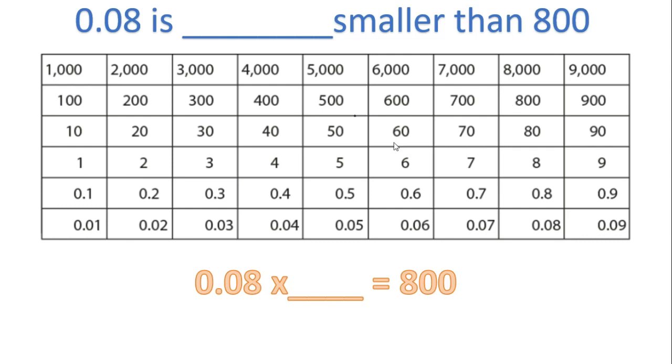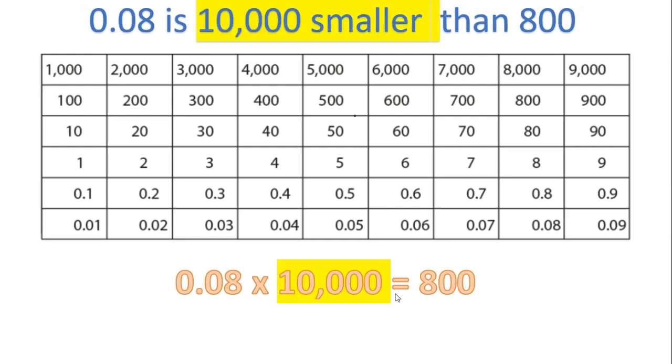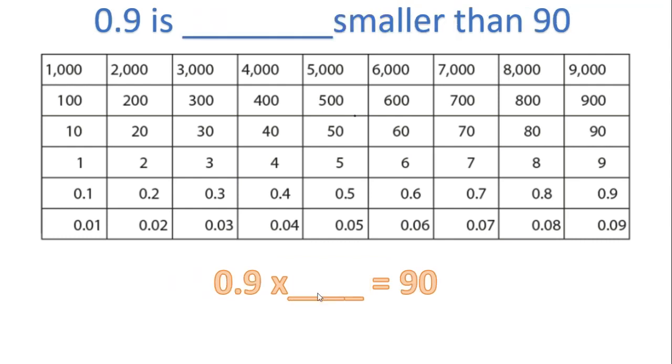Can you write that down? 0.08 multiplied by something equals 800. Okay, 10,000 times smaller. It should say 10,000 times. Notice how we did 4 jumps, 1, 2, 3, 4, and we've got 4 zeros. We're going to look at what this means in future lessons.